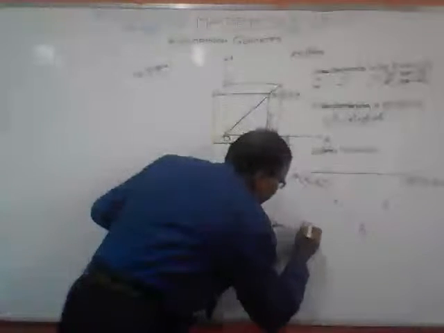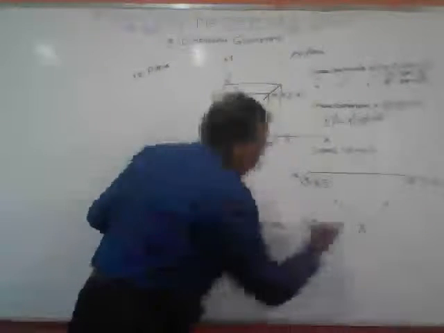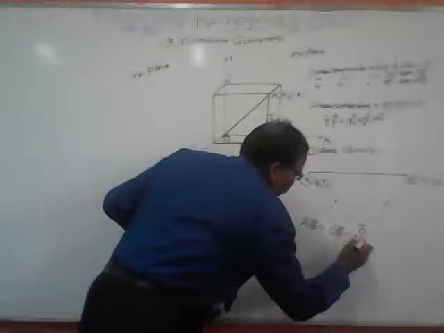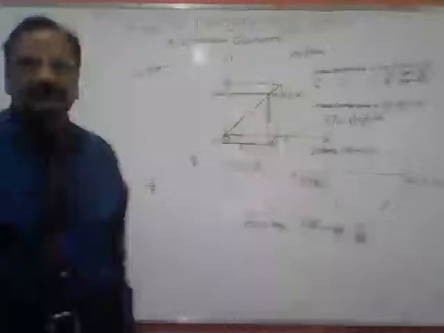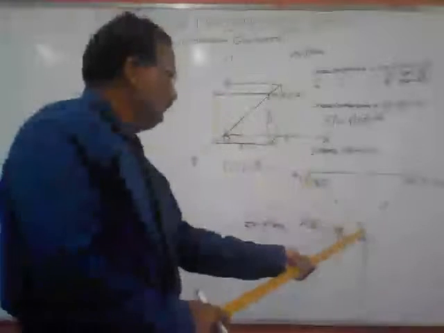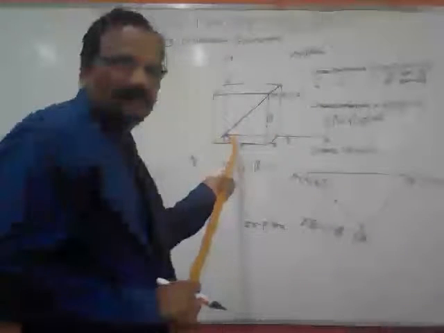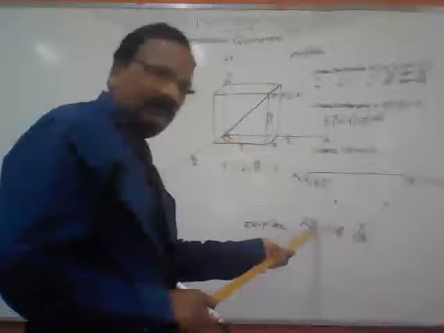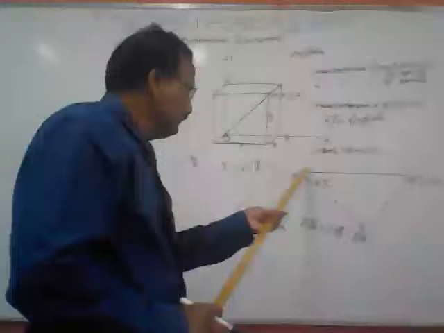AB is equal to OB minus OA. Position vectors we always take from the origin. For AB, B is the last point, so OB minus OA.